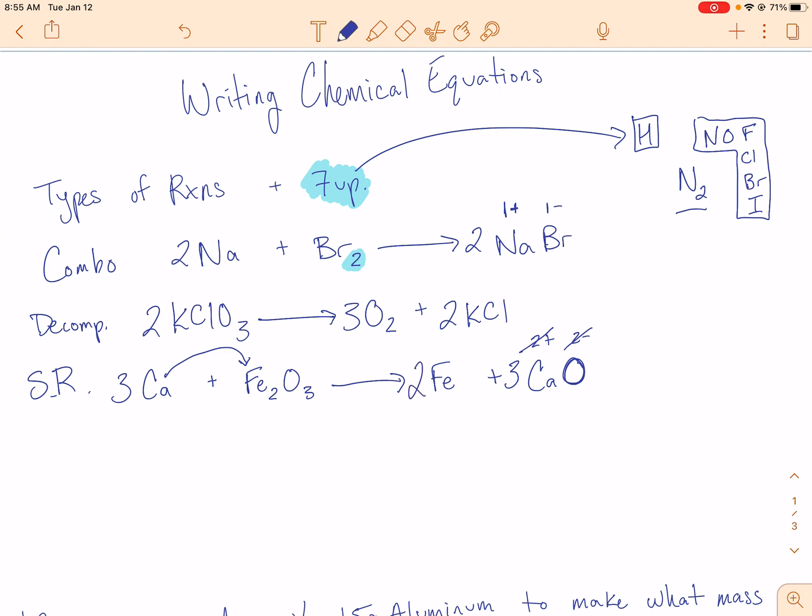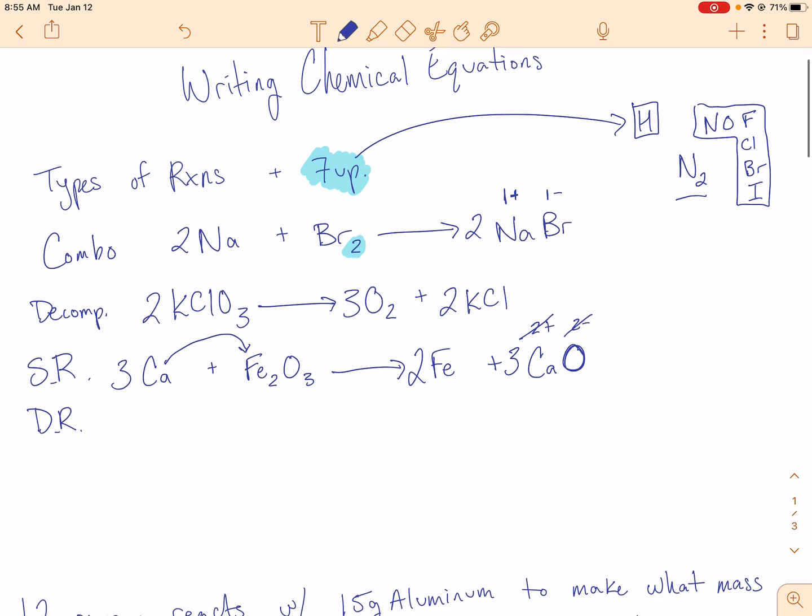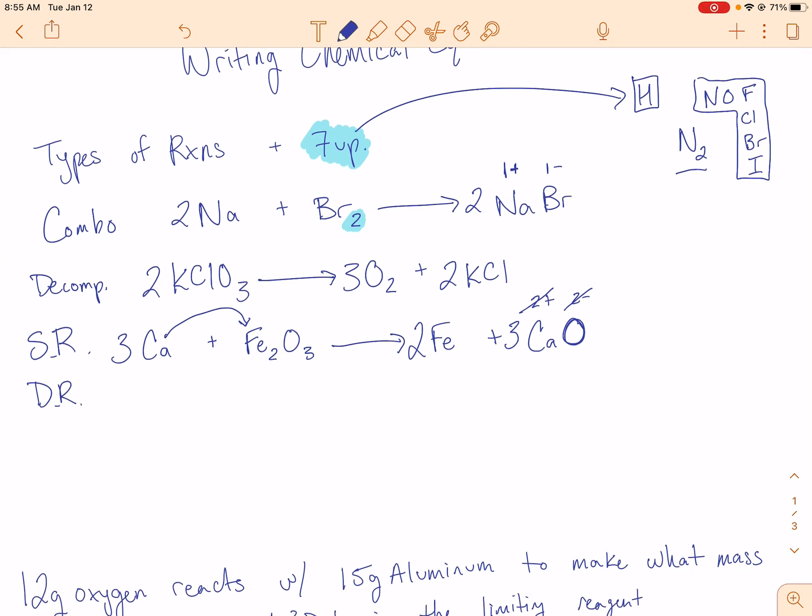Fourth reaction is a double replacement. This one is the trickiest and has the most types of charges. So let's say that we had some aluminum nitrate and it is reacting with some potassium carbonate. So when looking at these, the end of the equation has an 8 in it on both of these.